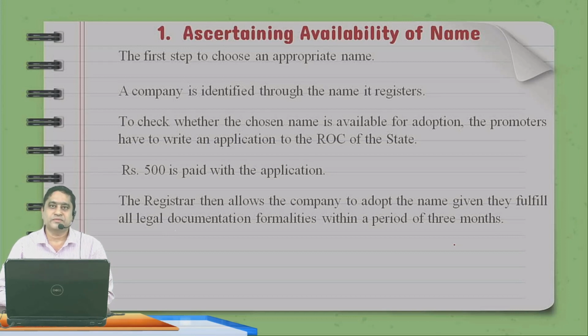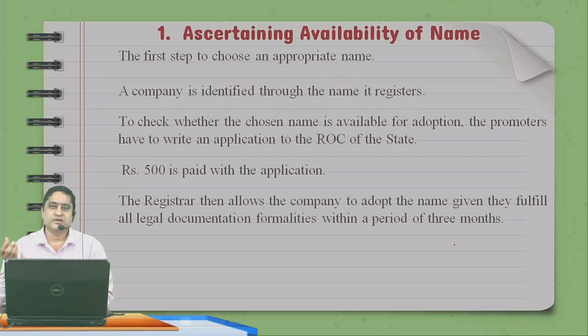To check whether the name which the company wants to give is appropriate or not, the promoters have to choose 6 different names according to preference. They go to the ROC and give these names they want to select for the company, and they have to pay rupees 500 with the application.